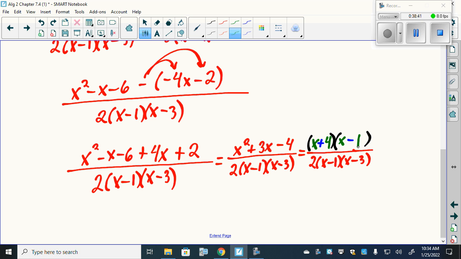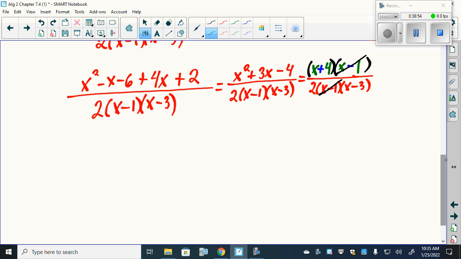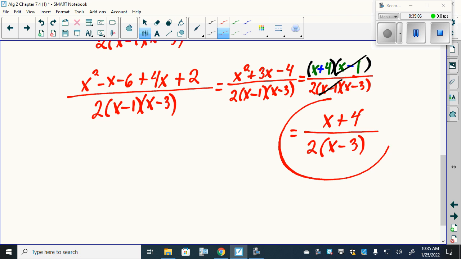Well, actually, do we have something in common on top and bottom? Yes, we have the x minus 1 and x minus 1, so they would actually cancel out. Should have dropped 1 lower before I went across. Which leaves us with x plus 4 on top over 2 times x minus 3.